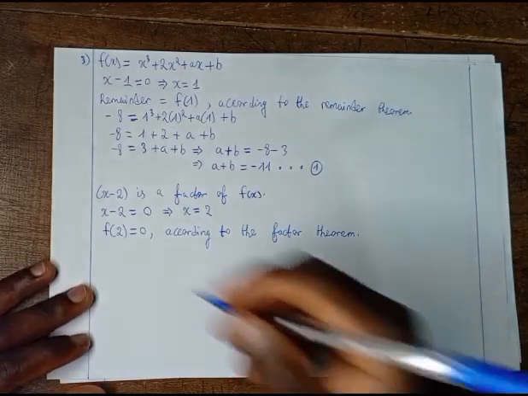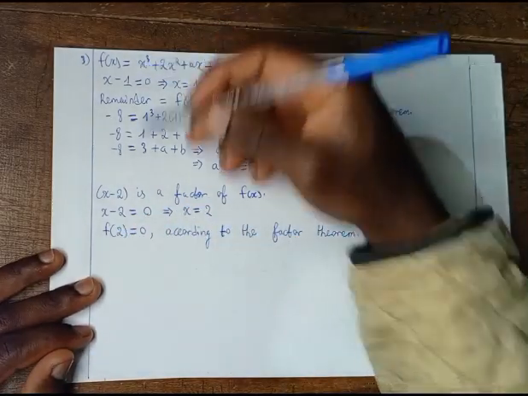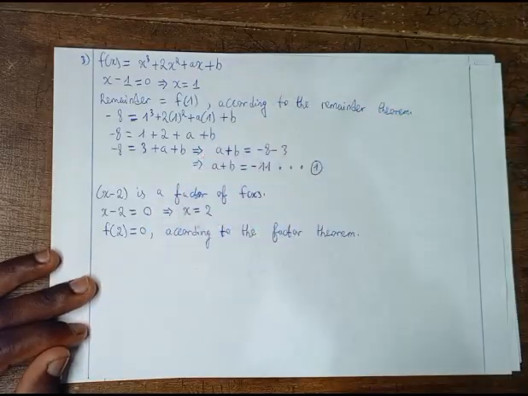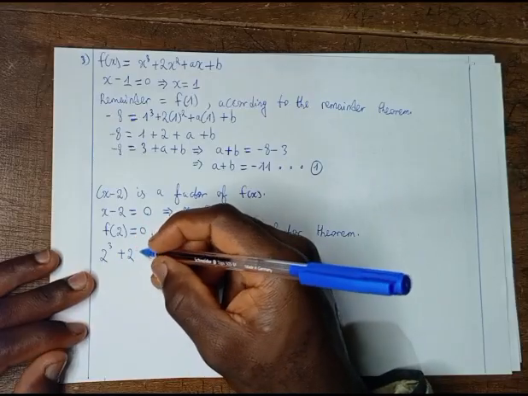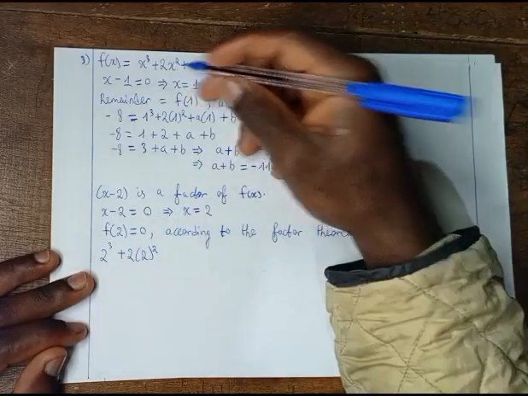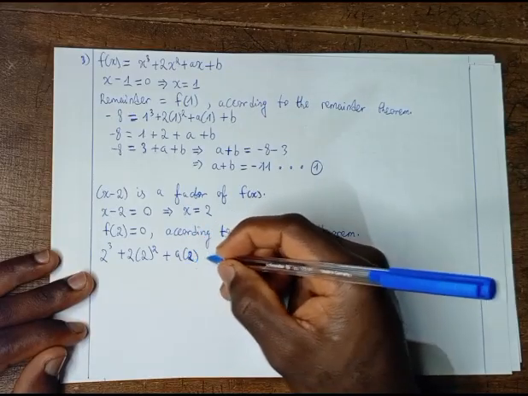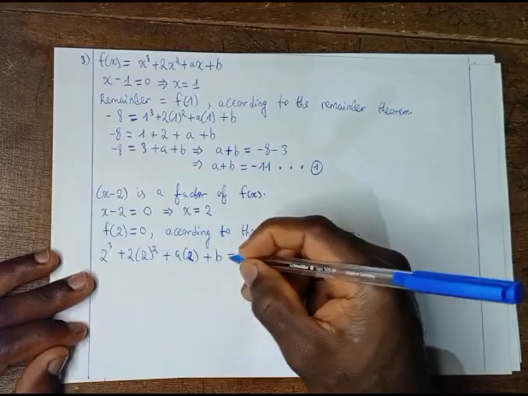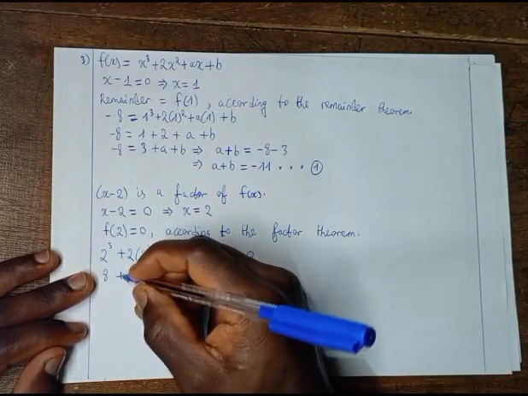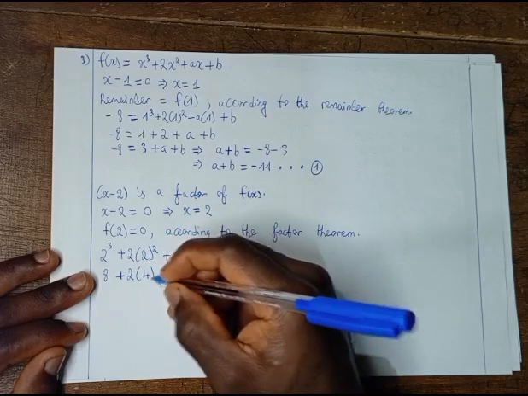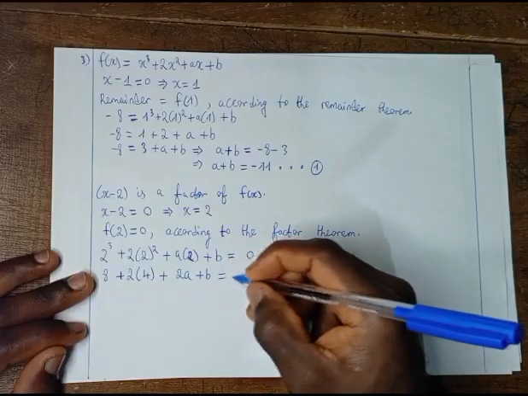Next, now we can proceed. We need to find f of 2. Anywhere we see x, we have to replace x with 2. And we know this must be equal to 0. This will give us 2 cubed plus 2 times 2 squared plus a times 2 plus b should be equal to 0. 2 cubed, 2 times 2 times 2 gives us 8, plus 2 times 2 squared is simply 4, plus a times 2 gives us 2a, plus b equal to 0.